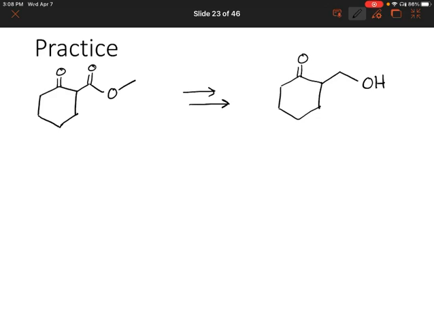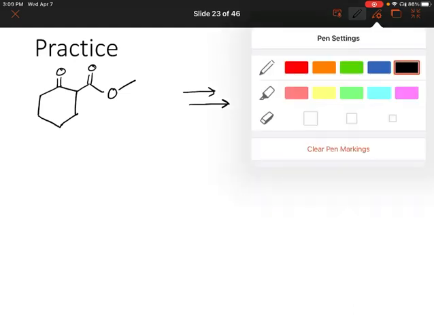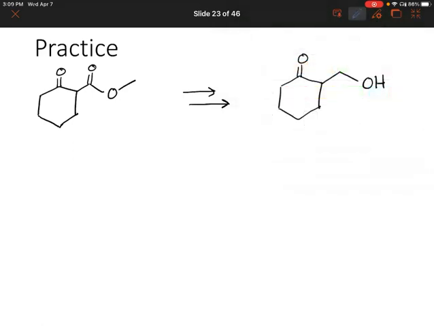Okay, so do you remember how to turn an ester into a primary alcohol? So let's just say we have a generic ester and we want to turn that into a primary alcohol.